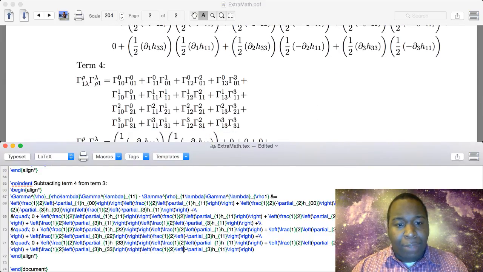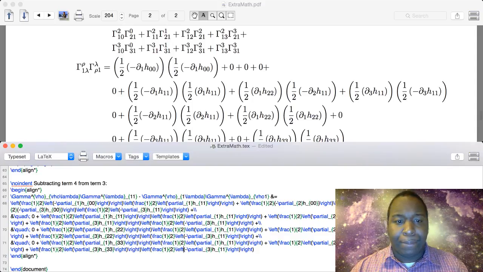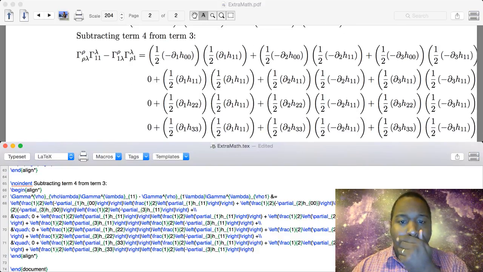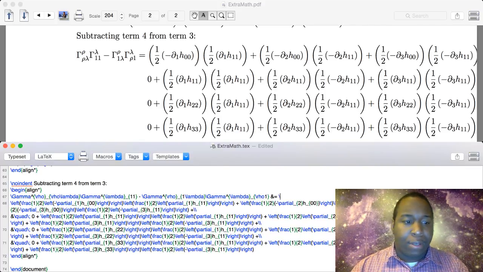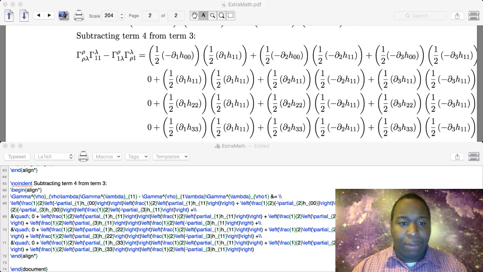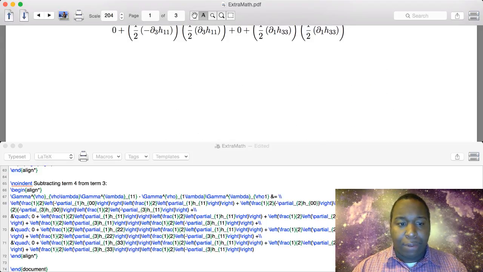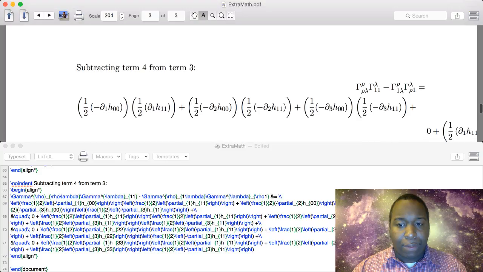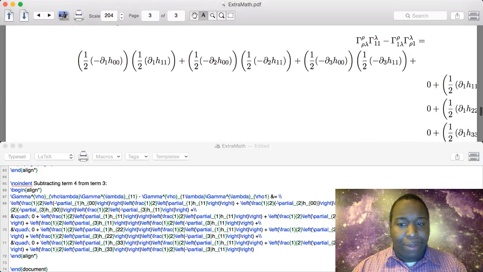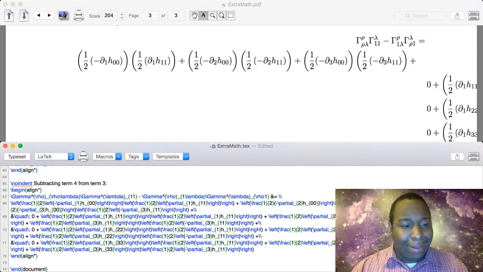I don't have that much space to work with. Maybe I should do this so we can see everything. Okay, that made it worse. Kind of, sort of. Let's see.